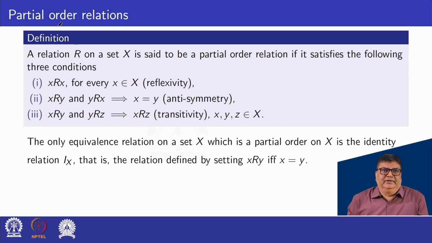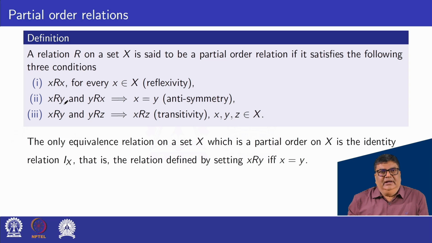Partial order relation. A relation R on a set X is said to be a partial order relation if it satisfies the following three conditions. First, x R x for every x belonging to X, that is reflexivity.